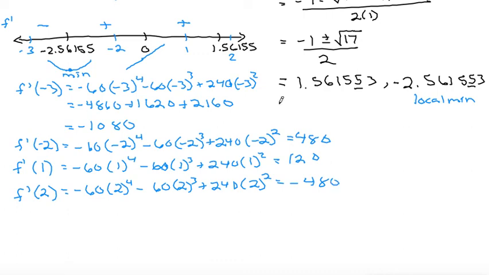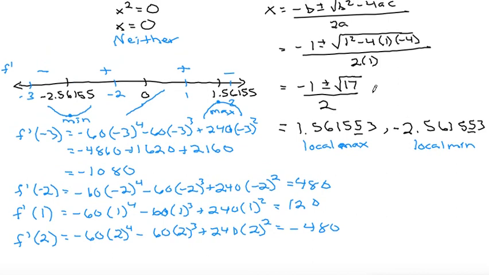So it is negative here, so it goes from increasing to the left of this critical point to decreasing. So when it changes from increasing to decreasing, this would be a local max. So we have our 1.56155 is a local max.